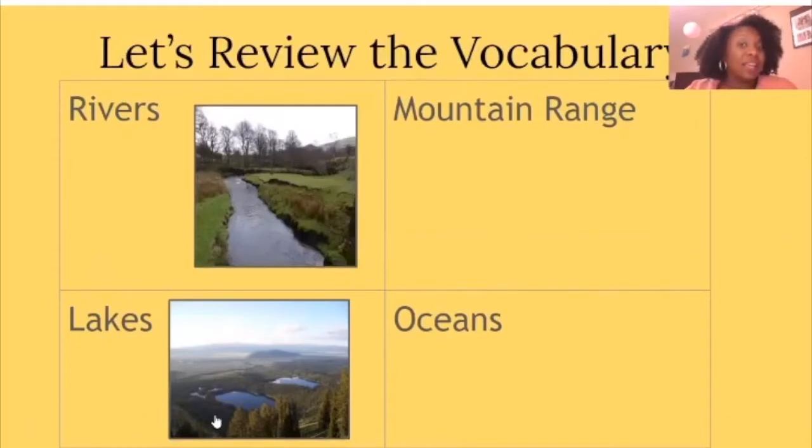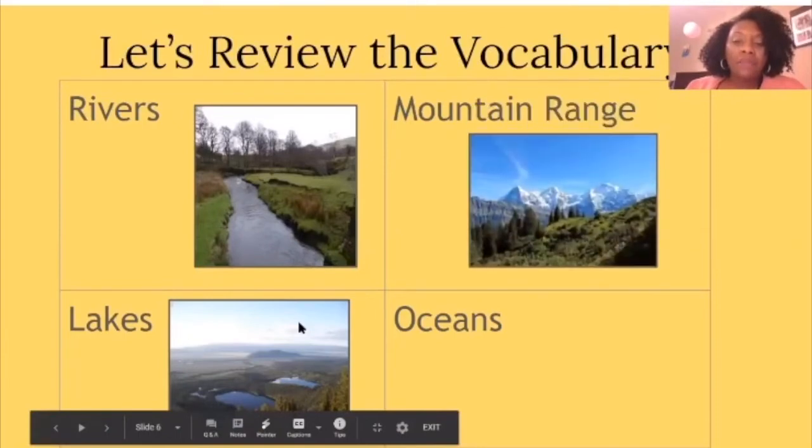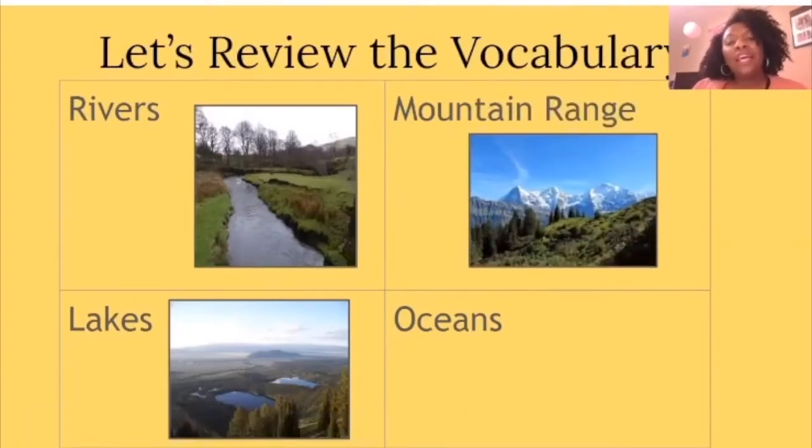It's the exact opposite of an island. And we're going to be talking about some of the major lakes in the United States. So here's a picture of a lake down here. I also heard some information about mountain ranges, and it said that mountain ranges are usually chains that are connected. So when one mountain is connected to another, they form a chain, and then we have mountain ranges.